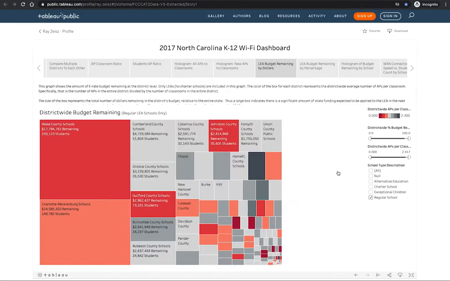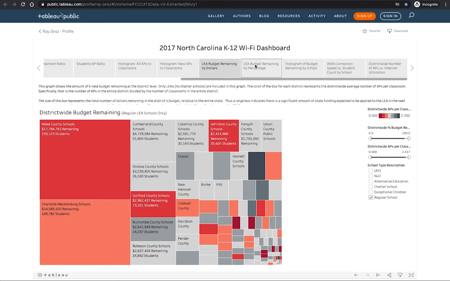And then we have a little bit of data on funding in this dashboard that was remaining, because again, the goal here was to identify the districts that had the greatest need and the most money, and make sure that we were utilizing the FCC program to its maximum percentage.